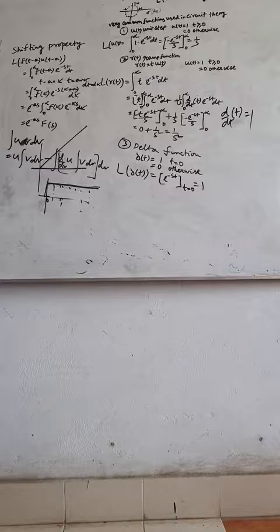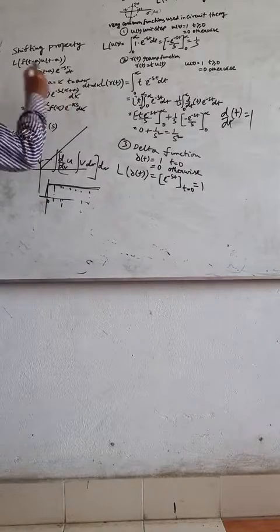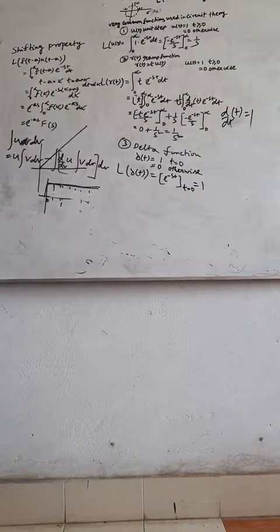So t is equal to a plus k, dt is equal to dk, and the integral from 0 to infinity of f of k into e to the power minus s into a plus k.